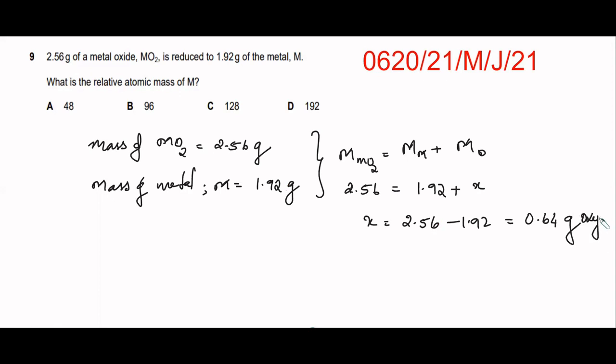So in the given compound MO2 weighing 2.56 grams, there is 1.92 grams of metal in it and 0.64 grams of oxygen.